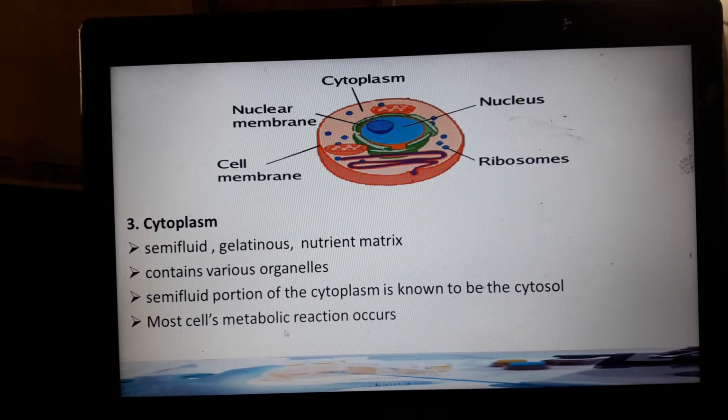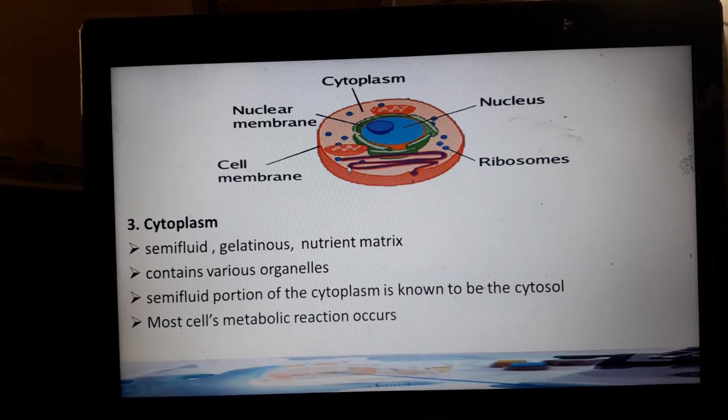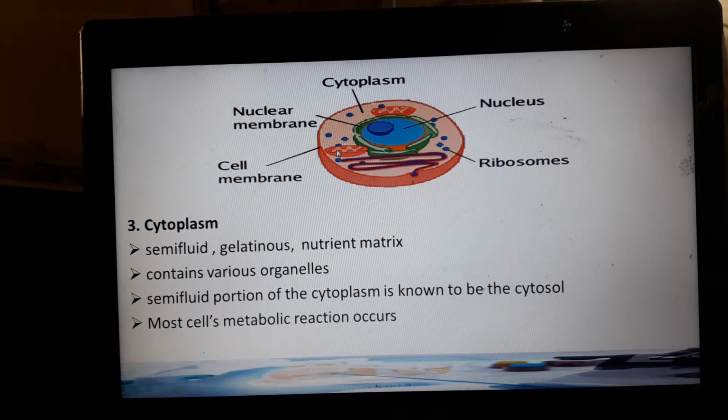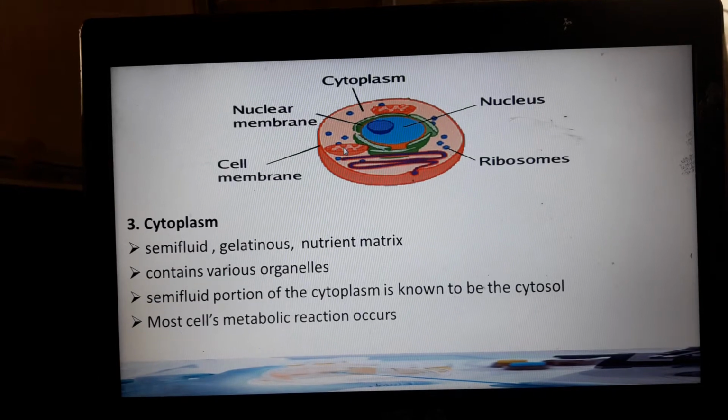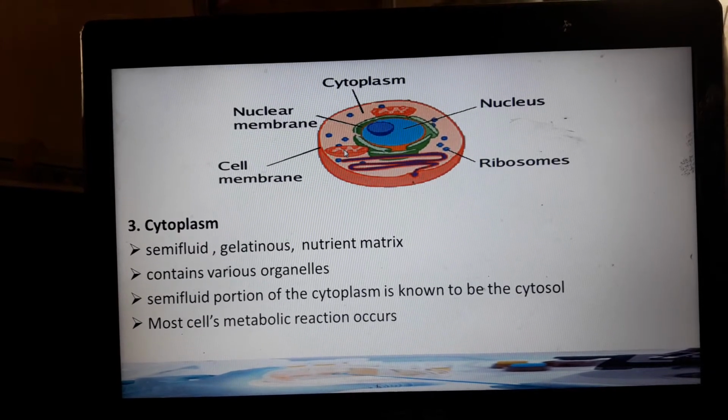Most cells' metabolic reactions occur in the cytoplasm because, for example, ang organelles na nandyan sa cytoplasm is the mitochondria, which is very active in metabolic reactions, especially in generation of energy.